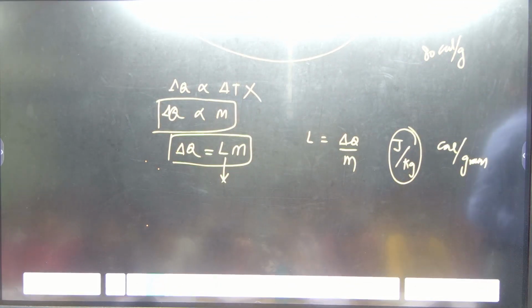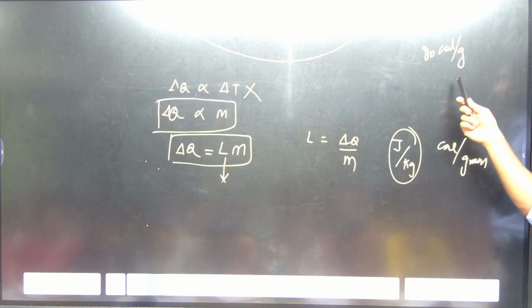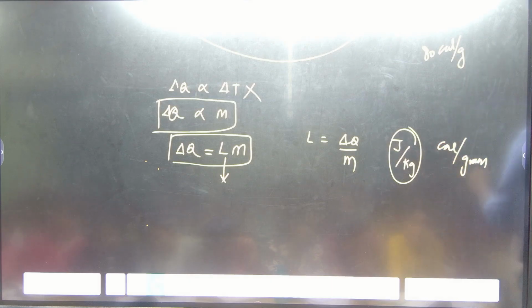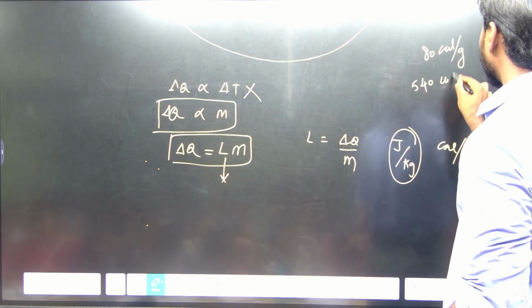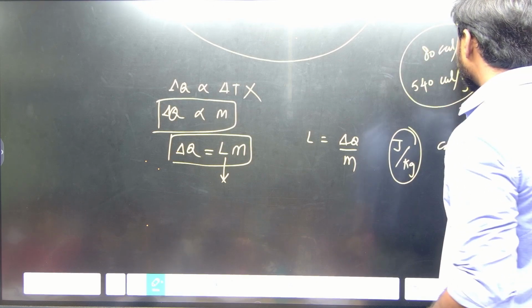Latent heat of fusion of water is 80 calories per gram. The next point is latent heat of vaporization of water. Latent heat of vaporization of water is 540 calories per gram. So try to memorize this.